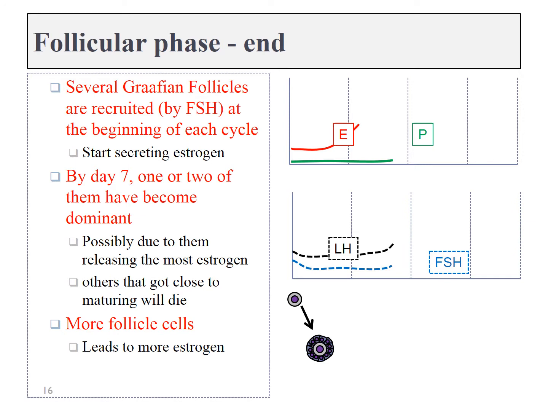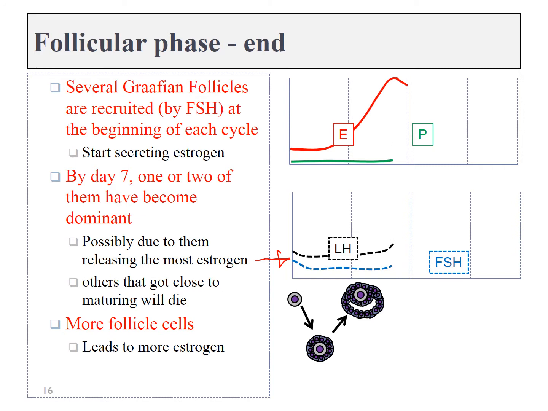As the follicles continue to develop, we have even more follicular cells, hence estrogen levels rise further. Up until this point, estrogen has been inhibiting the release of LH and FSH. Therefore, levels of these hormones in the blood remain low. However, the pituitary has still been producing these hormones and storing them.